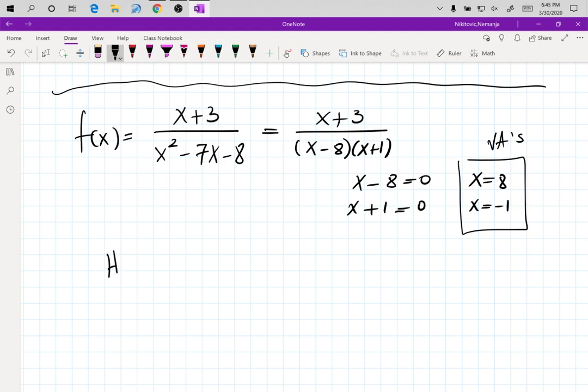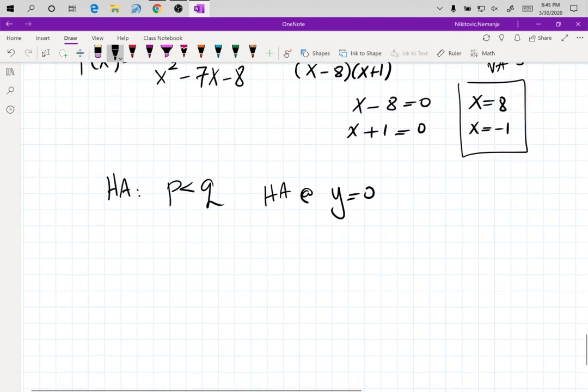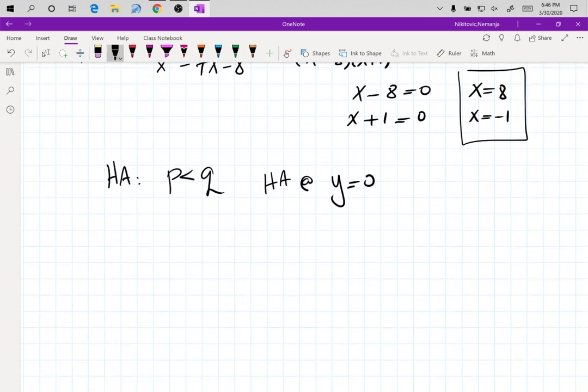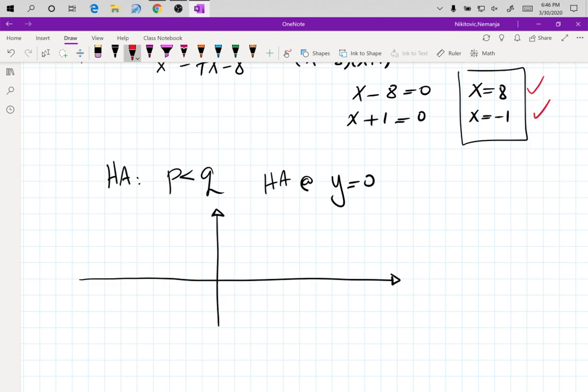For the horizontal asymptote, we have P less than Q, which is our case 3. So the horizontal asymptote is at y equals 0. Now we have our x values. Here is the asymptote at -1.